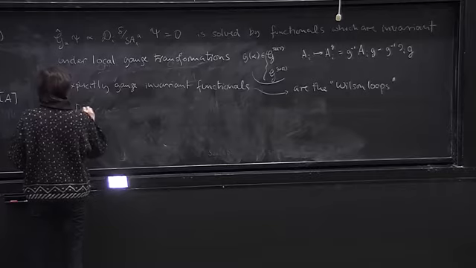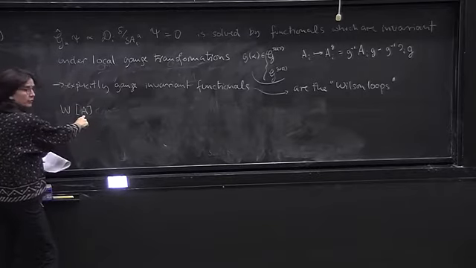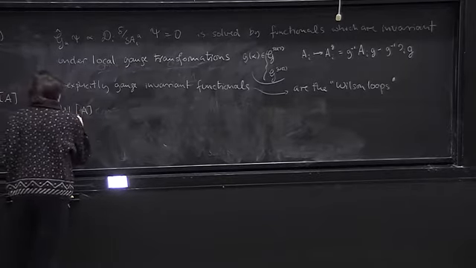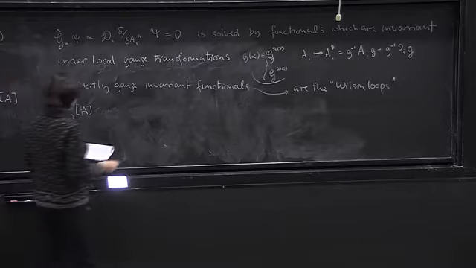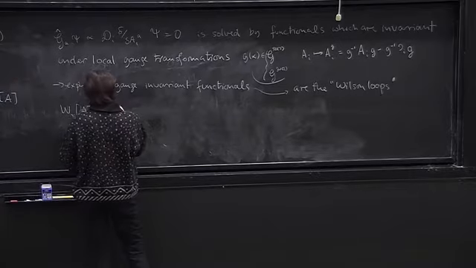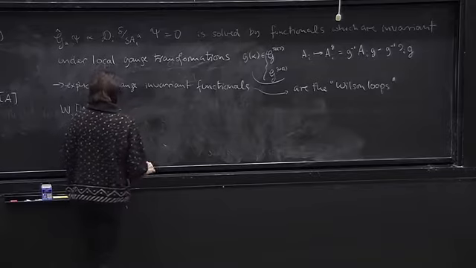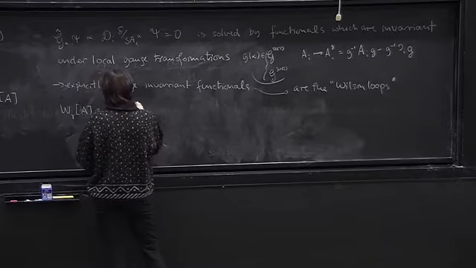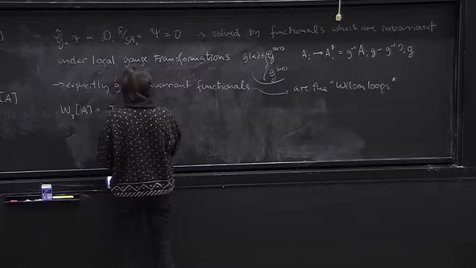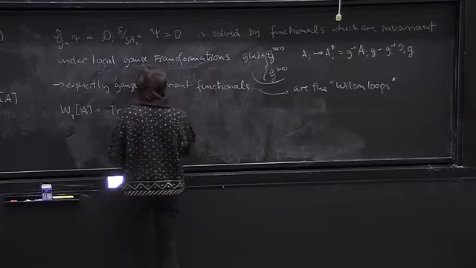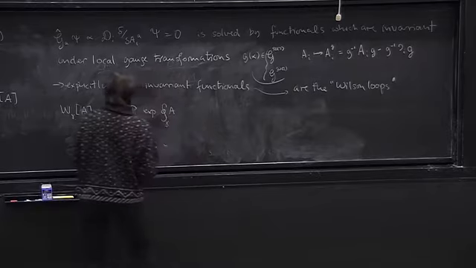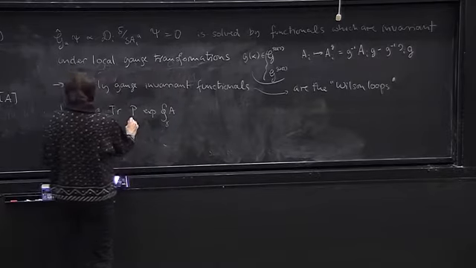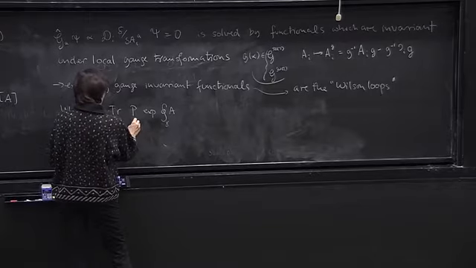Now, what are they? Well, they are functionals of the gauge fields that have an additional dependence on a closed curve in the underlying manifold. They are traces. I'm introducing some notation, and I'm then going to explain what the notation means. So this is a trace, right? This stands for path ordering.